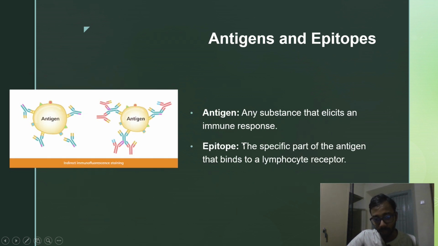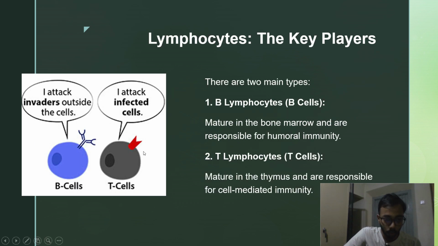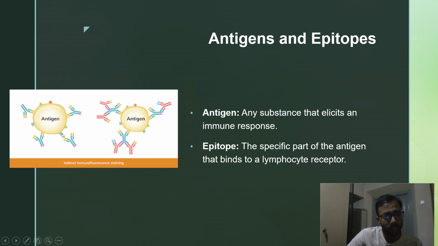So an epitope is the specific part of the antigen that binds to this B cell receptor or the T cell receptor. You can see in the antigen there are various epitopes, in this green color one, red color one, blue color one. These are antibodies or B cell receptors, right?